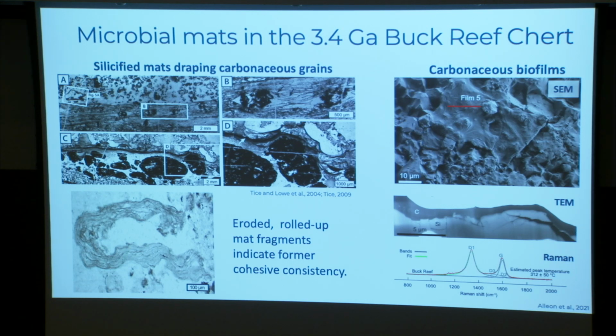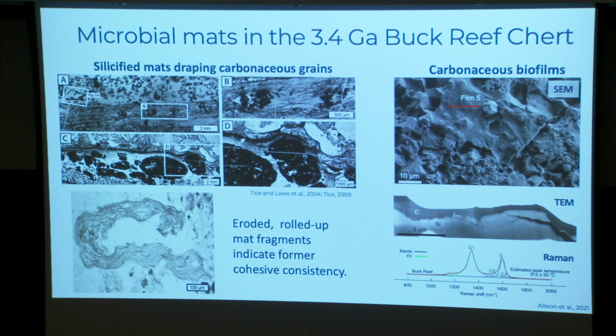They're really nicely preserved. We also in places see eroded and rolled up mat fragments that, once again like in modern analogs, indicate former cohesive consistency of these biofilms and mats. And if you zoom in a bit more and look at scanning electron microscopy, you also see preserved and silicified, deeply embedded biofilms.